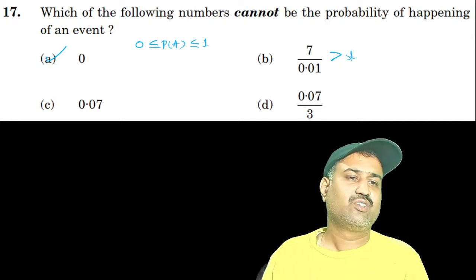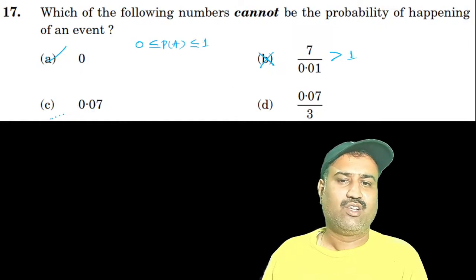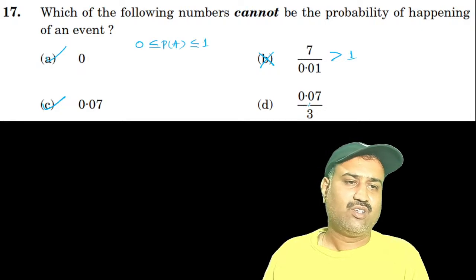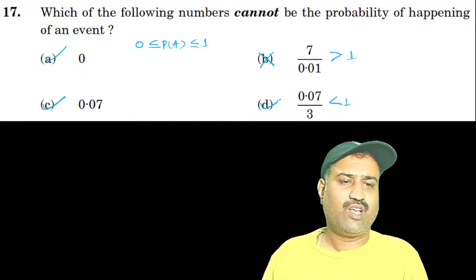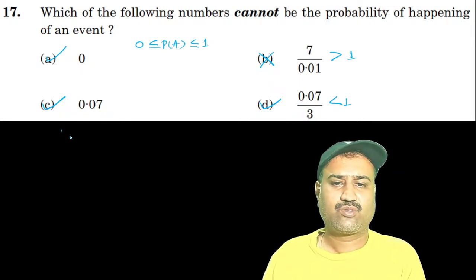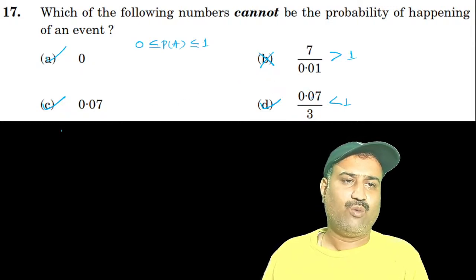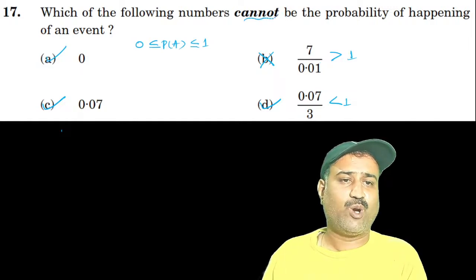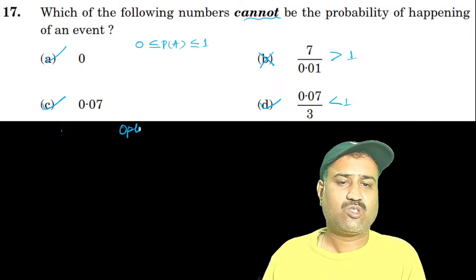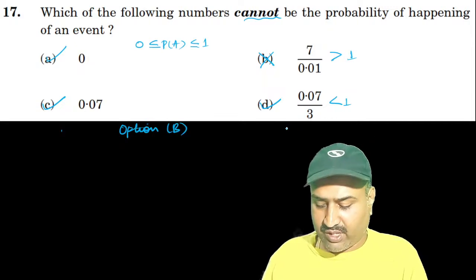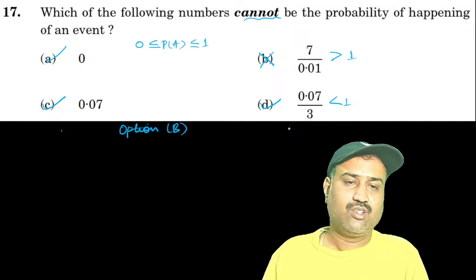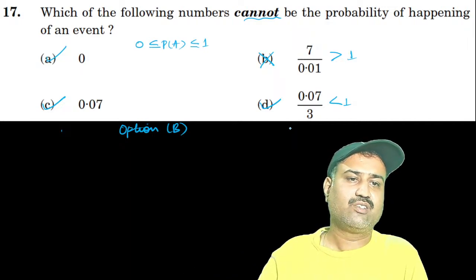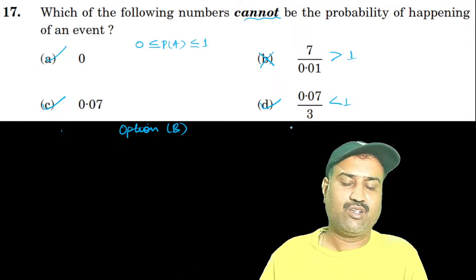Therefore this is not the probability of an event. 0.07 is fine. 0.07 by 3 is less than 1. This is also fine. Therefore it is option B. Since this cannot be a probability, it is option B, right? Again a very easy question. Okay, from probability. Hope you understood.